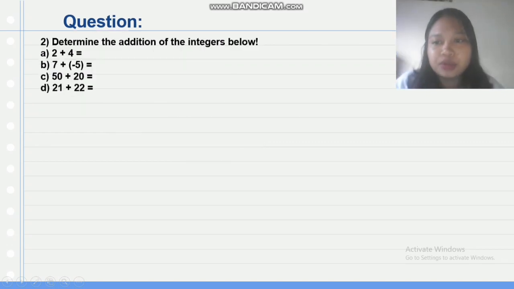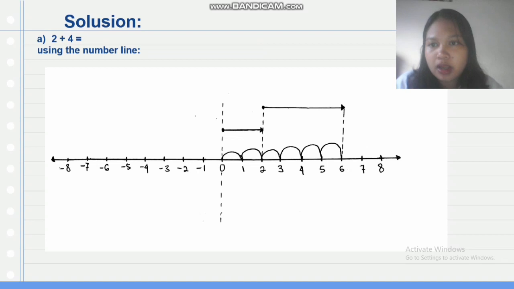Okay, example 2. Determine the addition of the integers below. A, 2 plus 4, B, 7 plus negative 5, C, 50 plus 20, and D, 21 plus 22. Solution: A, 2 plus 4. Using the number line, step 1, we create a number line. 2. We make a help line at the 0 point. 3.